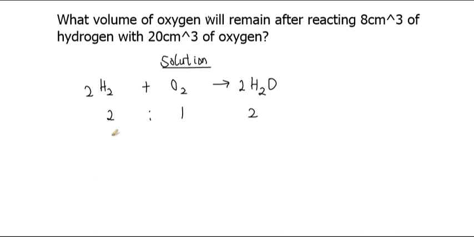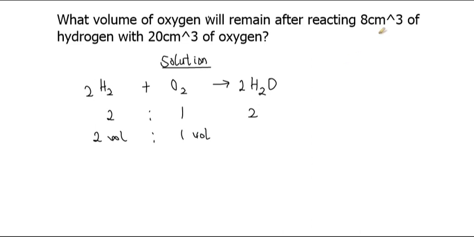So now let's proceed. After noting the ratio, don't forget that they combine in simple ratio. The ratio in which hydrogen gas and oxygen gas are combining here is 2 to 1. So this ratio of 2 to 1 can also be put as 2 volumes to 1 volume.